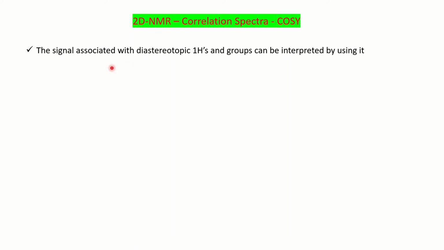Normally we study one-dimensional NMR like proton NMR and C13 with respect to one axis, and usually we identify many molecules with 1D, but for some molecules where you have many diastereotopic protons or groups, 1D NMR fails. It is really difficult to distinguish diastereotopic protons which have very close chemical shifts, so then we take the help of 2D NMR.